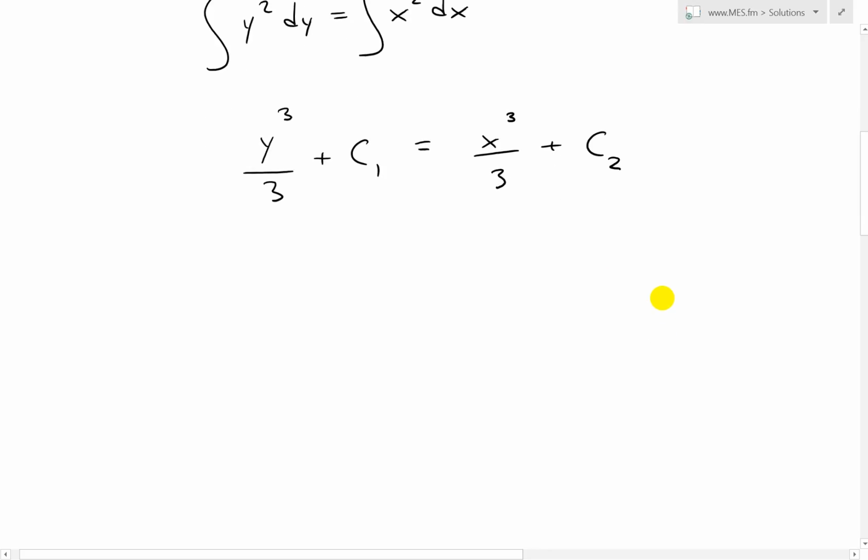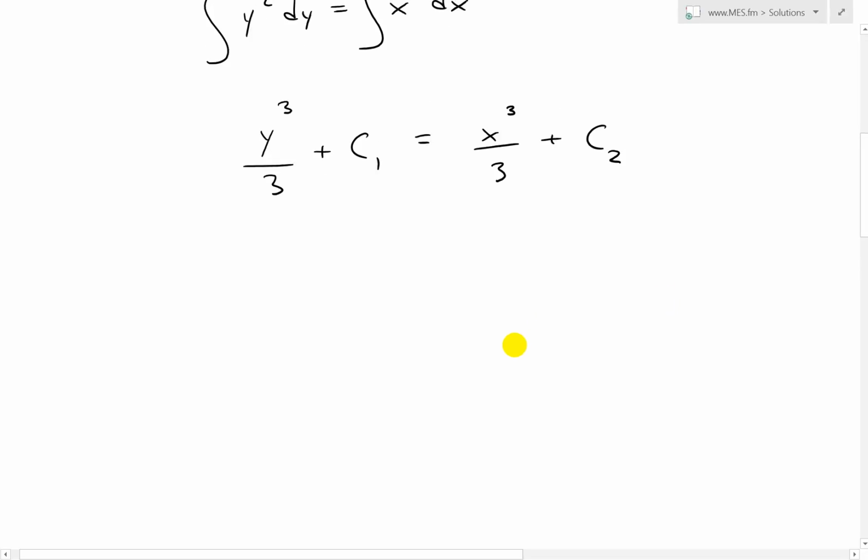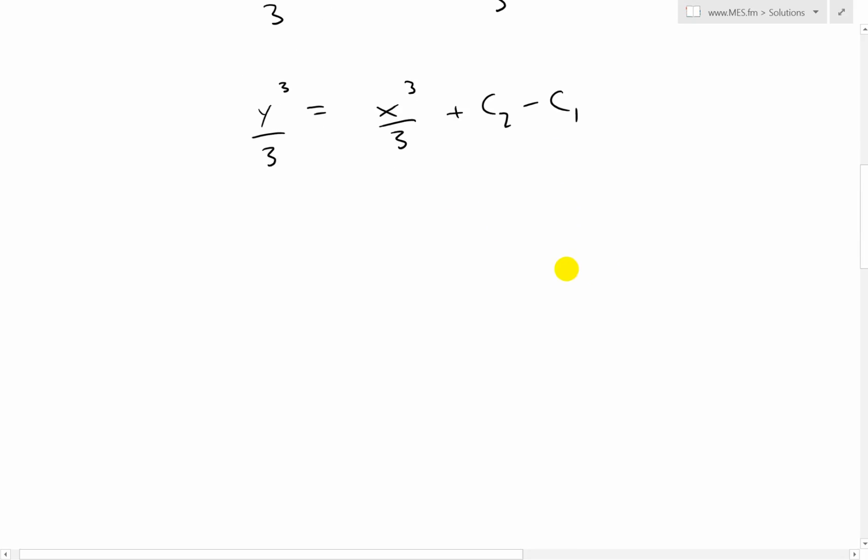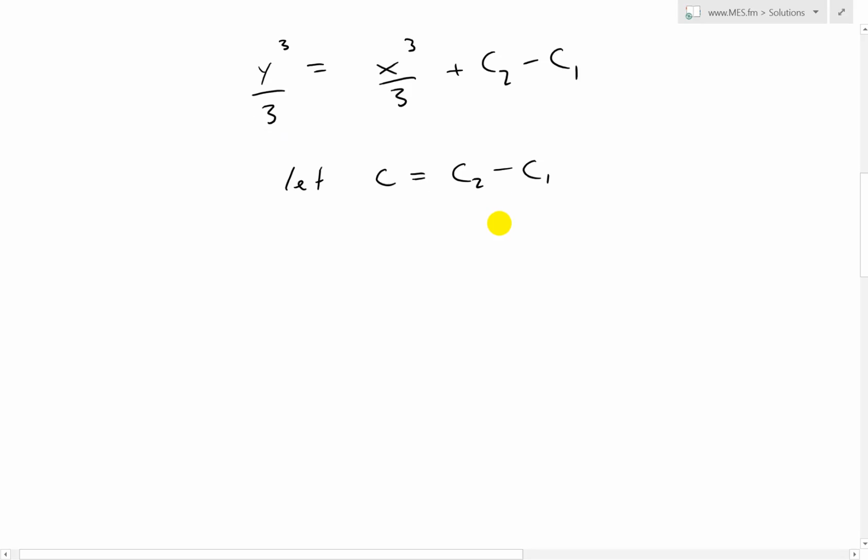And now we just have to solve for y, but we can simplify this further. y cubed over 3 is equal to x cubed over 3. Move the c1 to the other side, so plus c2 minus c1, and again that's just an arbitrary constant. So let c equal c2 minus c1, and multiply by 3.